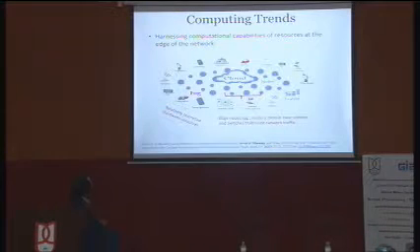So what happened? We came up with something called fog computing. Now, fog computing is, at the center, based on cloud computing. At the end, what you see is different types of applications.